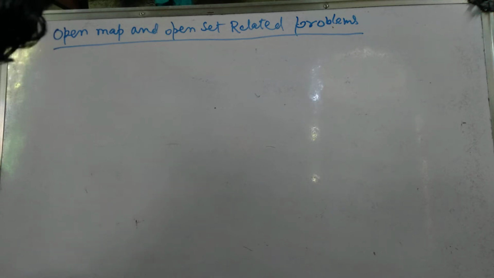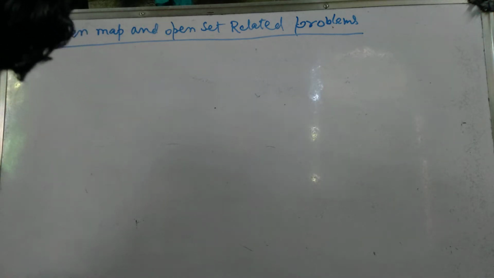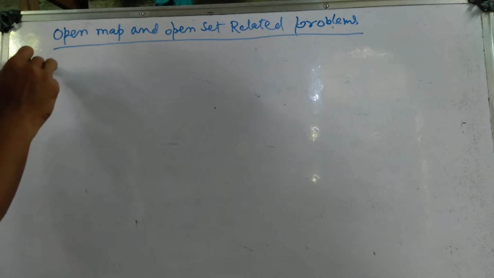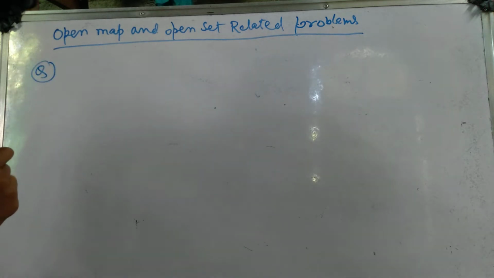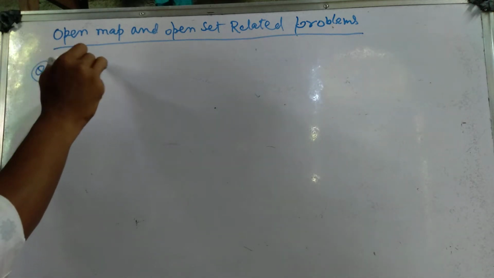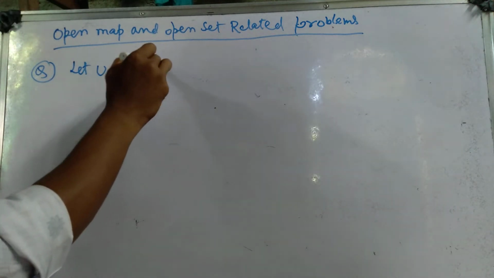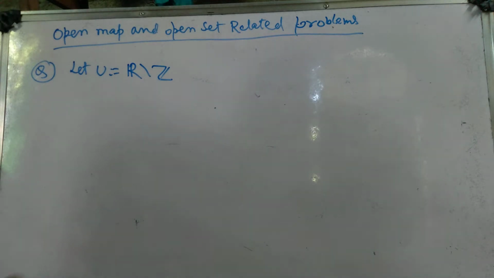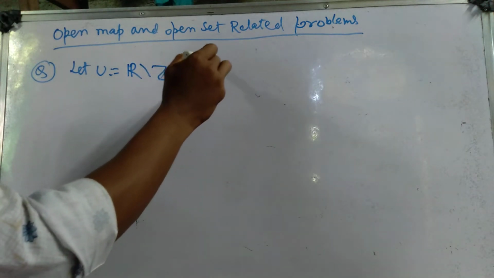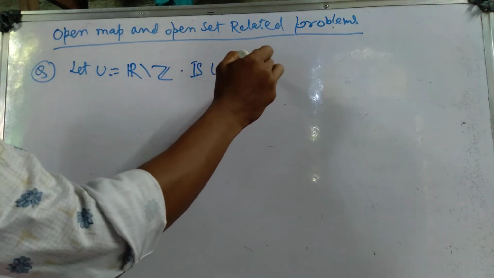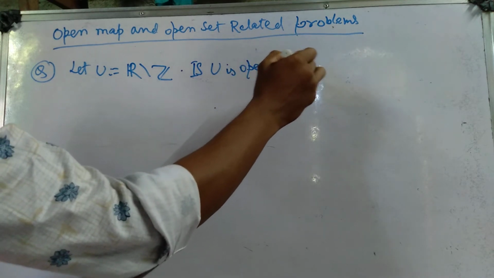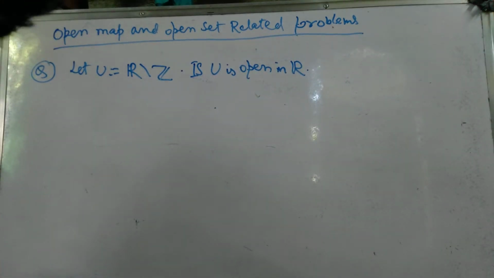Let U equal R minus the integers. Show that U is open in R with the usual absolute value metric.